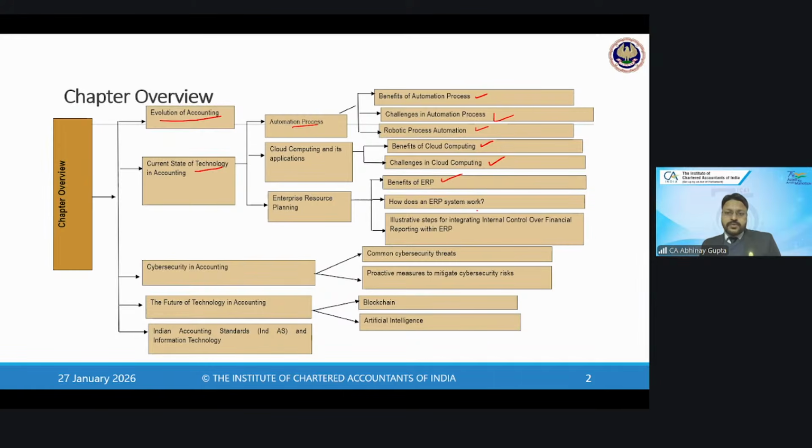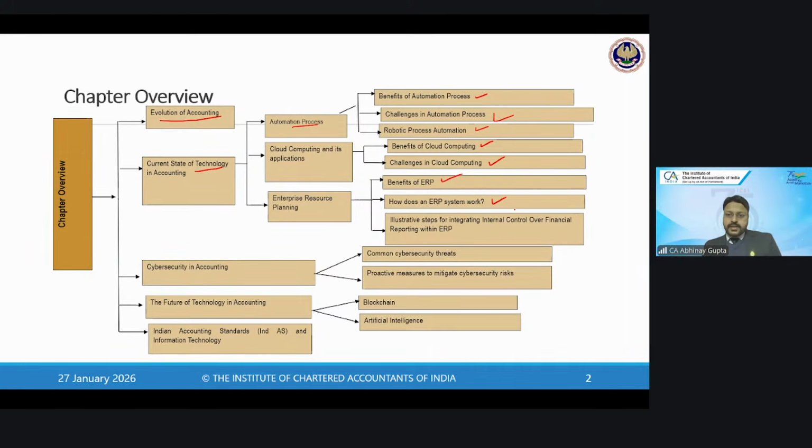What are the benefits of ERP? How does an ERP system work? That we will understand to a certain extent. We are not getting specialized in the technical design of these technologies or software, but we will familiarize ourselves with their operating model, how they are actually helping us in getting the job done, right?